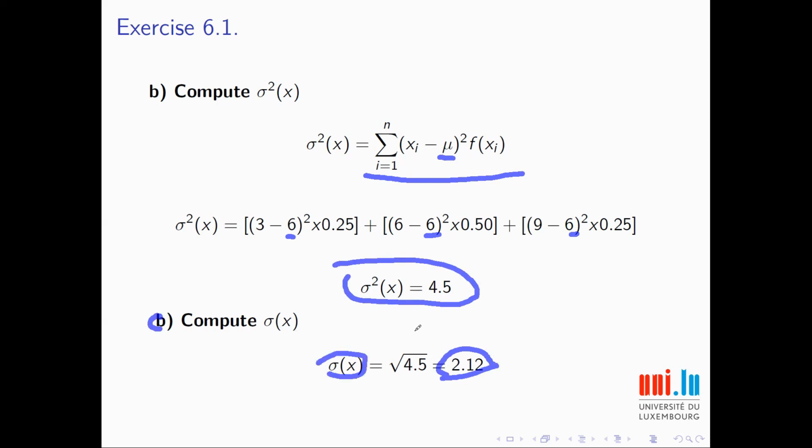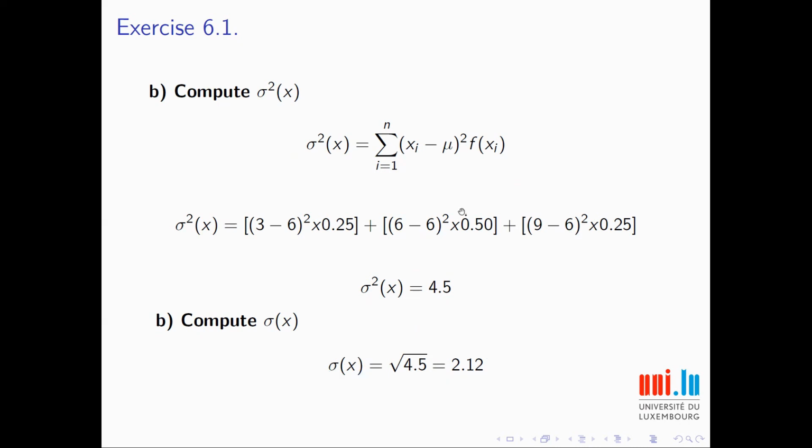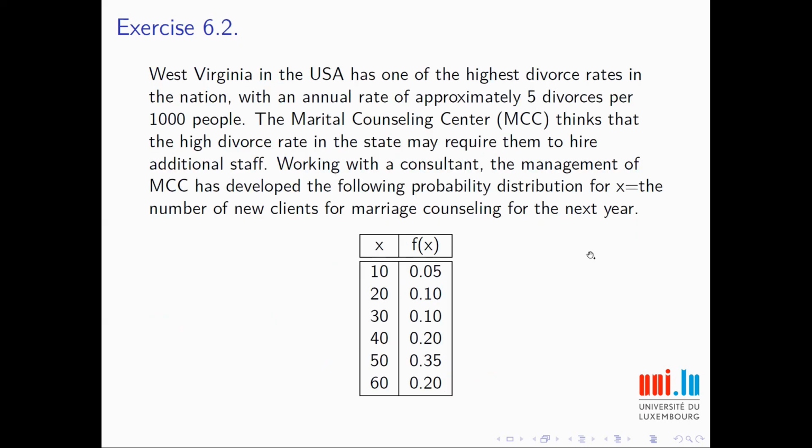Bear it in mind and don't forget it. Here it serves as a measure of scatter of our original random variable. It's a meaningful interpretation of what we calculate, just to give you a sense of what we are doing right now. Okay, good, so I think we can move to the next exercise.